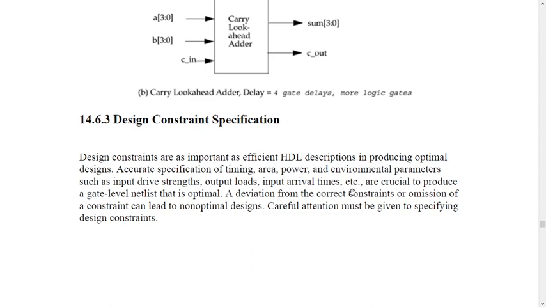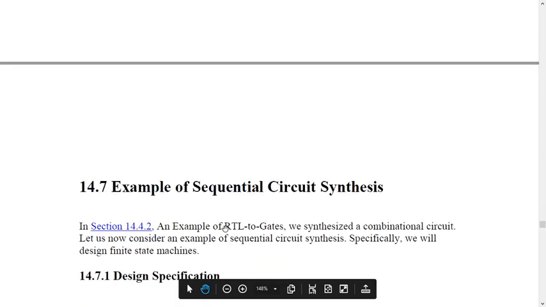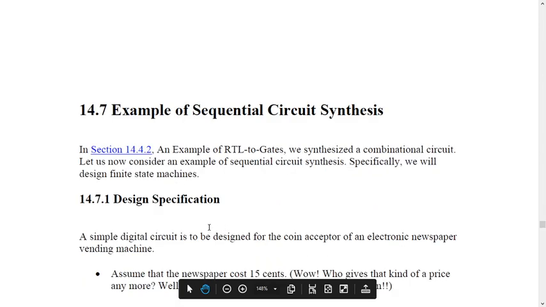A deviation from the correct constraints or omission of the constraints will lead to a non-optimal design. If some deviation takes place in the basic design itself, it leads to a lot of errors and a non-optimized design. Hence, careful attention must be given to specifying the design constraints. So that is with respect to the design constraints.